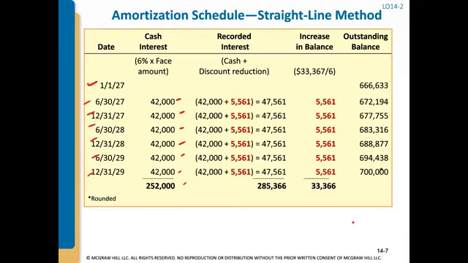However, the interest expense that's recorded will be recorded the same amount each period, every 6 months. And basically, we're going to back into this $47,561.